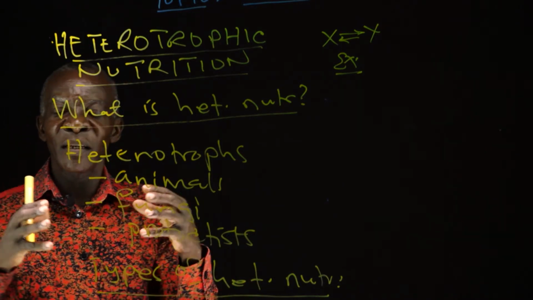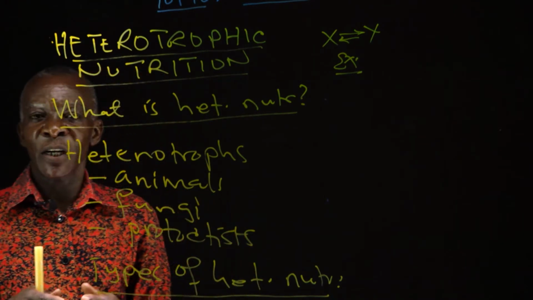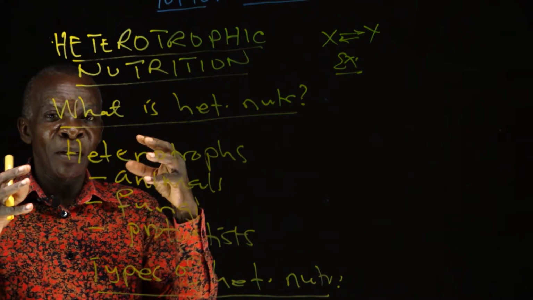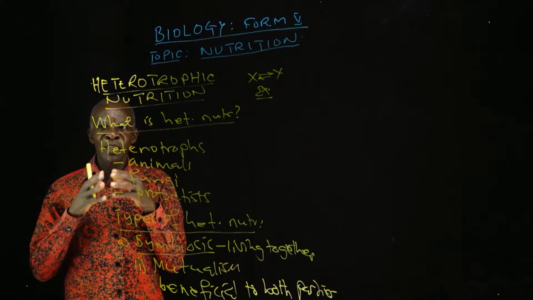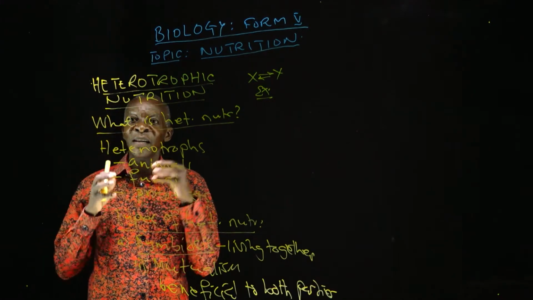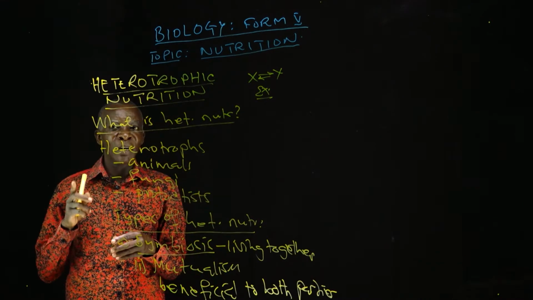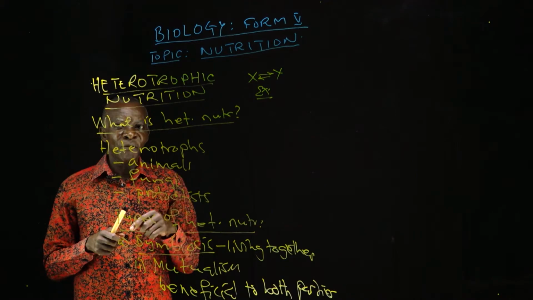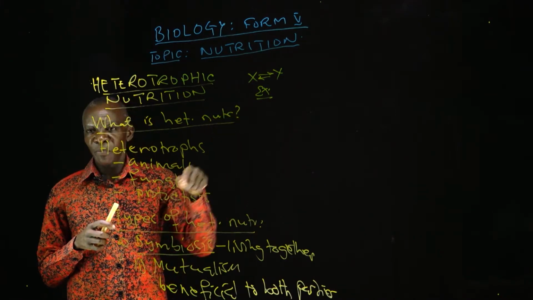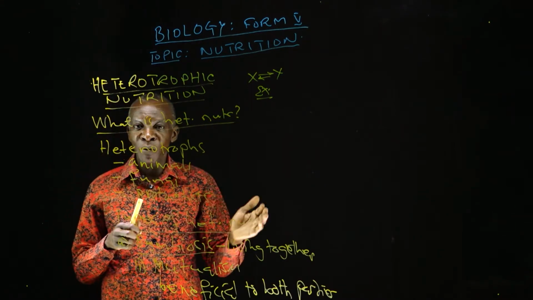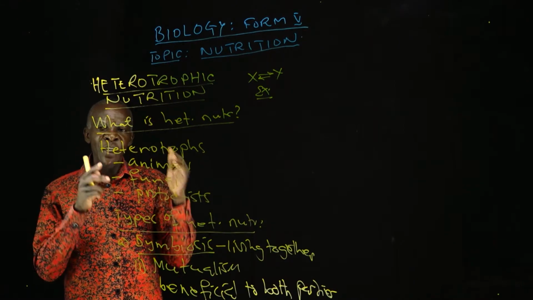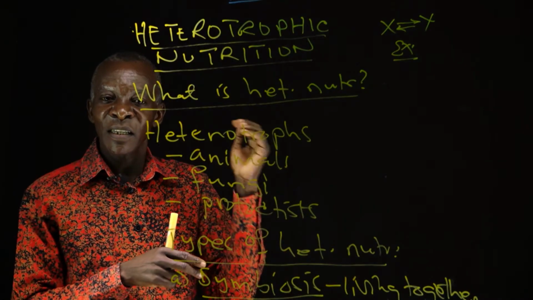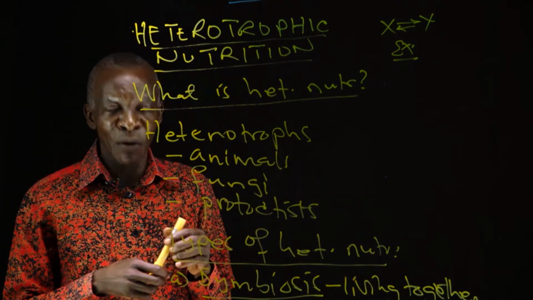Ruminants feed on vegetation, but they are unable to produce cellulase, an enzyme responsible for catalyzing the digestion of cellulose, a major component of the plants. And therefore, it is these organisms, the bacteria, protozoans, and what have you, which normally produce cellulase to catalyze the digestion of cellulose.